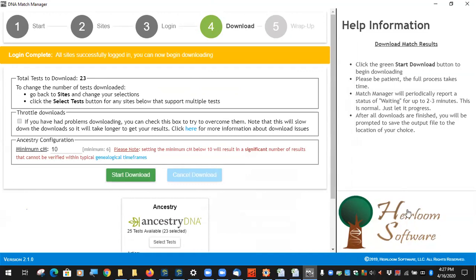But like I said, for downloading Ancestry matches, this is my go-to program. And that's another thing that was at RootsTech this year. I've mentioned this to Pierre numerous times. At RootsTech, he finally got to see it in action, and he built it in so Charting Companion now recognizes the DNA Match Manager files.